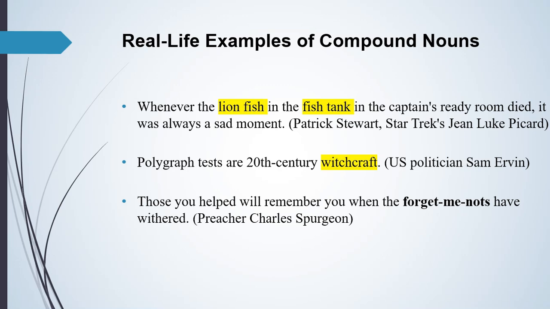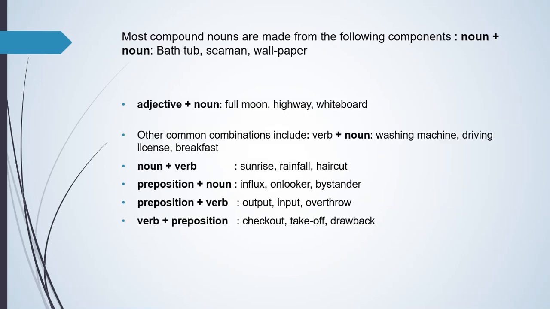Most compound nouns are made from the following combinations. Noun plus noun, like bathtub, seaman, wallpaper. Bath is a noun, tub is also a noun, sea is a noun, man is also a noun. So we mix them together to make another noun.